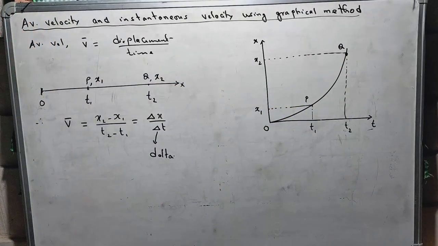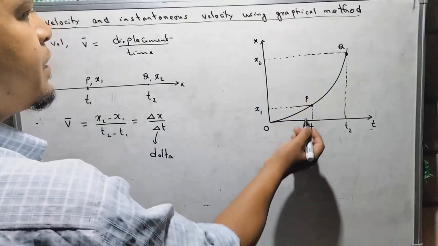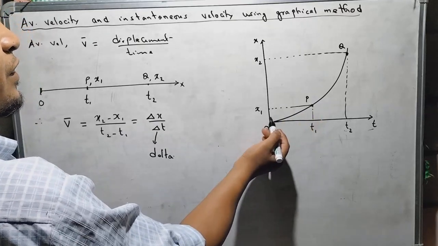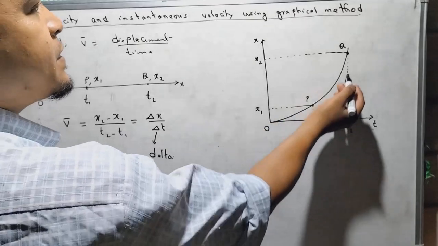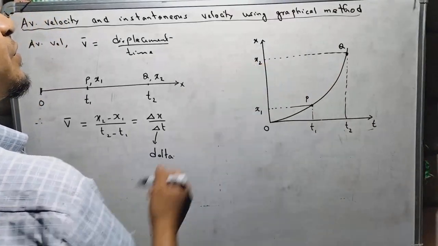Now this is a point P and this is a point Q. Point P happened at a time t1 and its position is x1. Point Q happens at a time t2 and its position is x2.